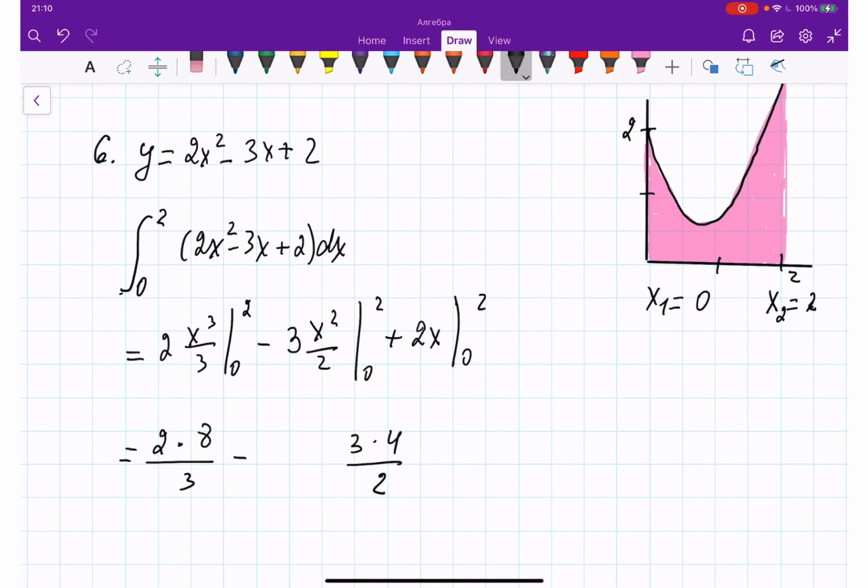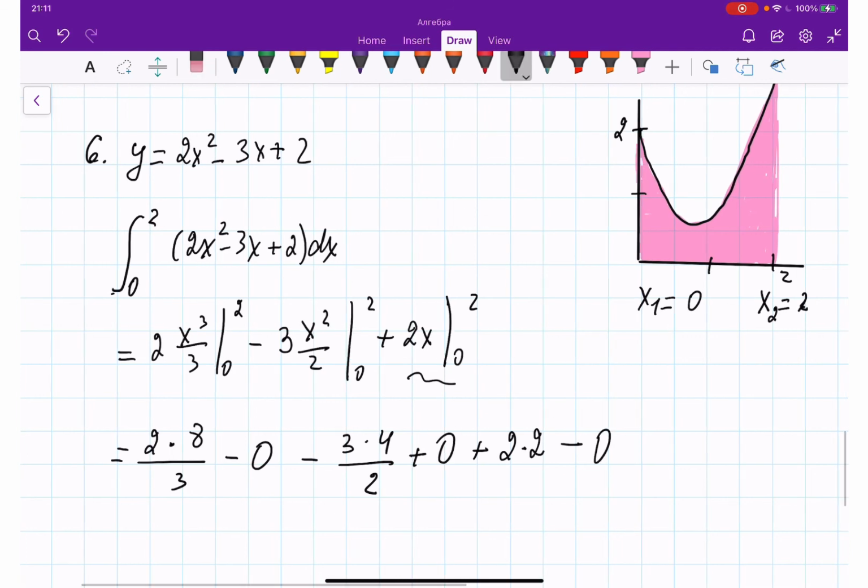All right, minus 0, and then next minus 3 times 4 divided by 2, and then it's going to be plus 0 because we need to subtract, and with this minus it's going to be plus. And then plus 2 times 2, this third one we're doing 2 times 2, and minus 2 times 0, or just put 0 because for the others I also just put 0.